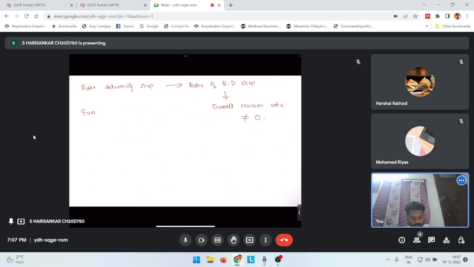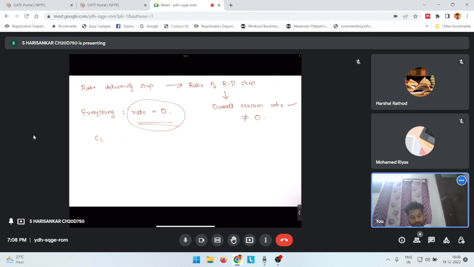But for everything else, you can take the rate equal to 0. So in the last question, the surface reaction step was the rate determining step. So that reaction rate is not equal to 0, and that reaction rate is the overall reaction rate for that system. The remaining step in that last question was adsorption, so the rate of adsorption you can take as 0. Using this concept, whatever is not the rate determining step, you can take their rates as 0.